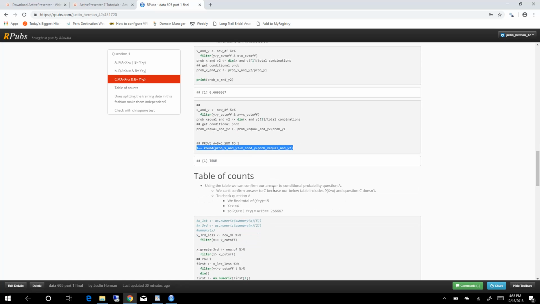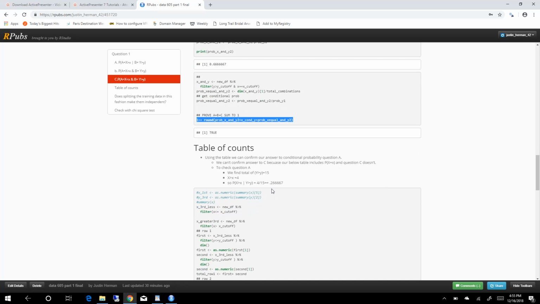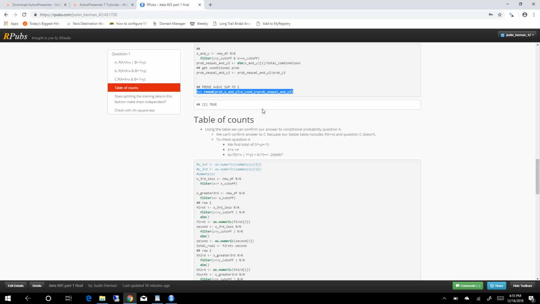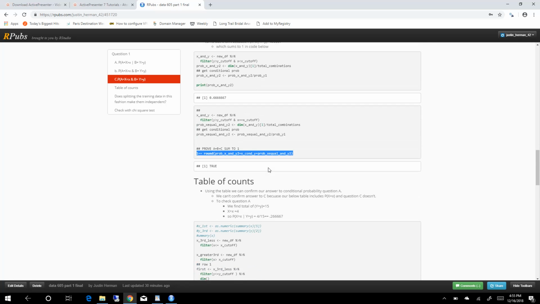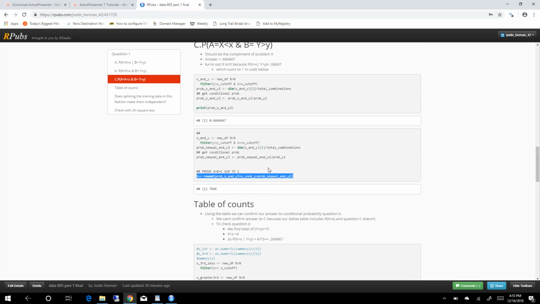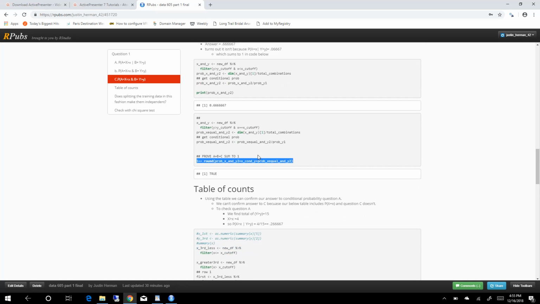Now for the next question, we were asked to find a table of counts. Using the table of counts, I was able to confirm part of the first questions for question A. The reason I couldn't confirm it all was that the table of counts actually had to do with greater than or equal, and because we don't have greater than or equal, confirming part C wouldn't work.